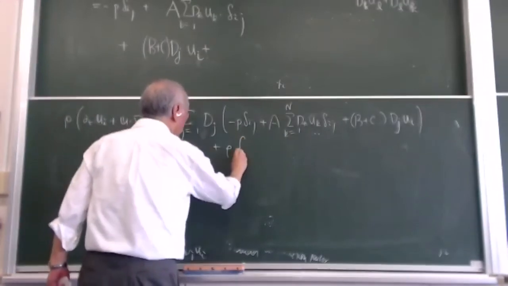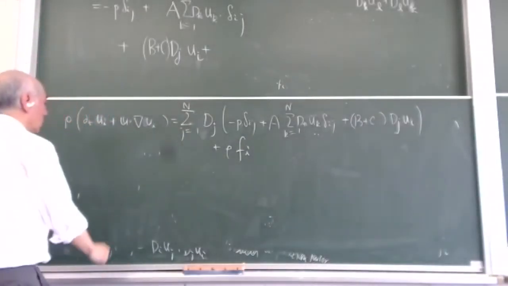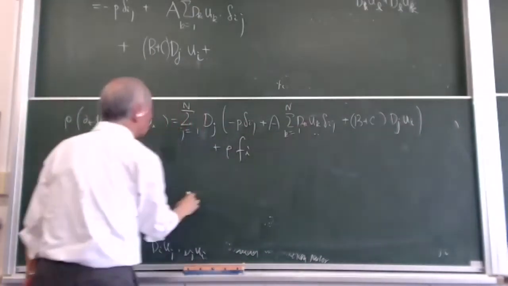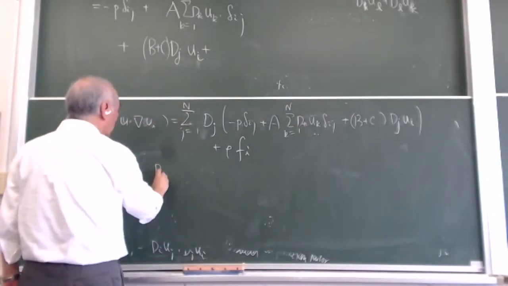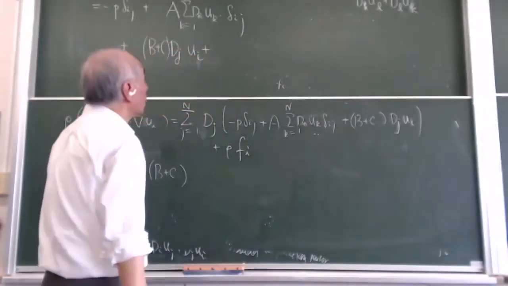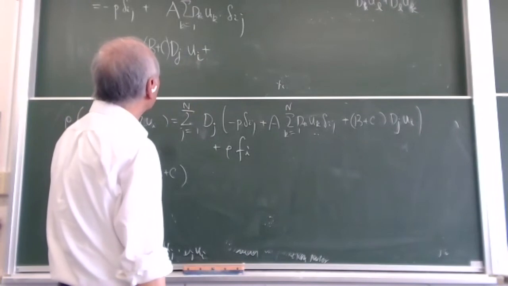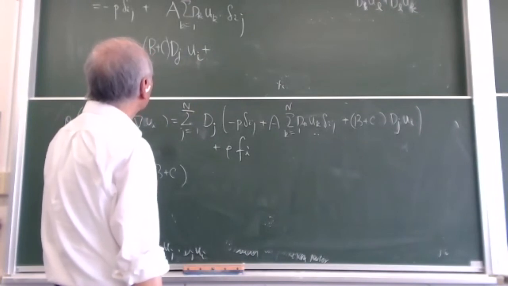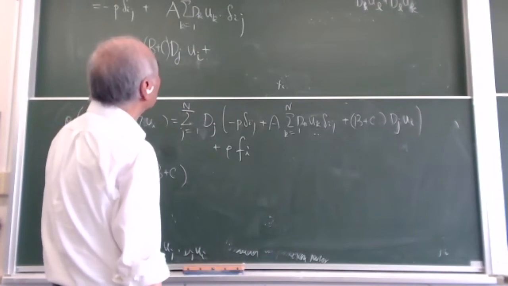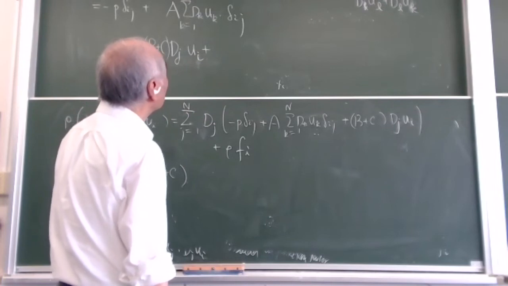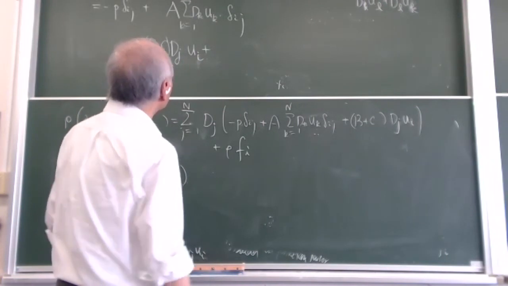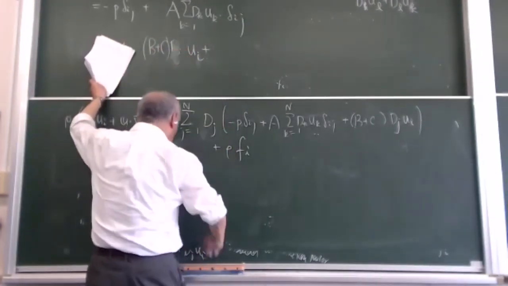External forces. So therefore it's equal to this, which is the divergence. So B plus C, dj. I'm wrong. Oh, sorry.